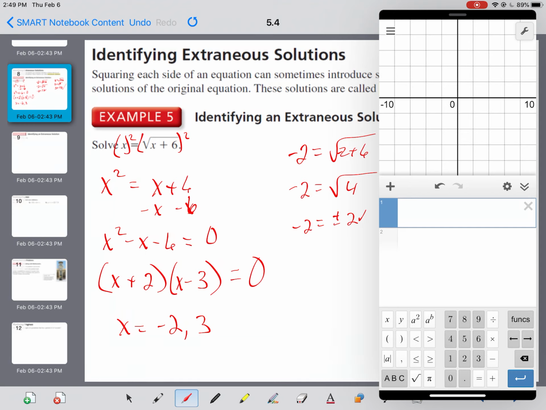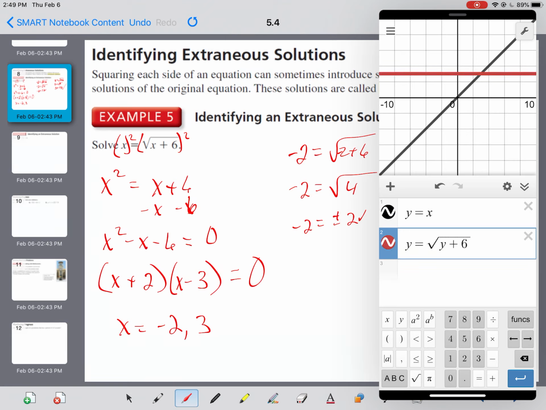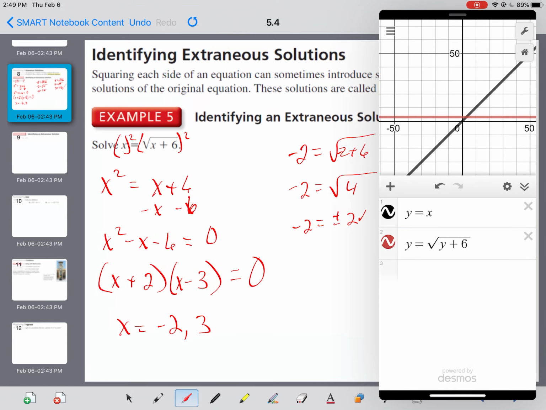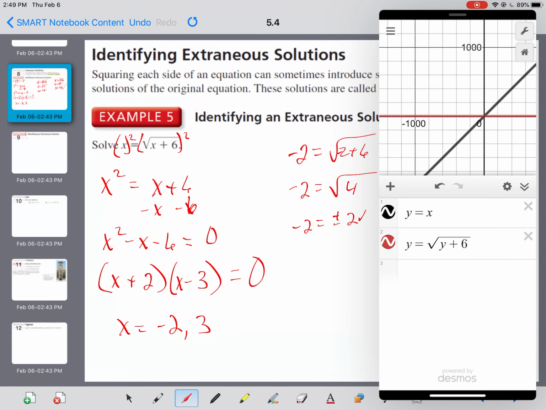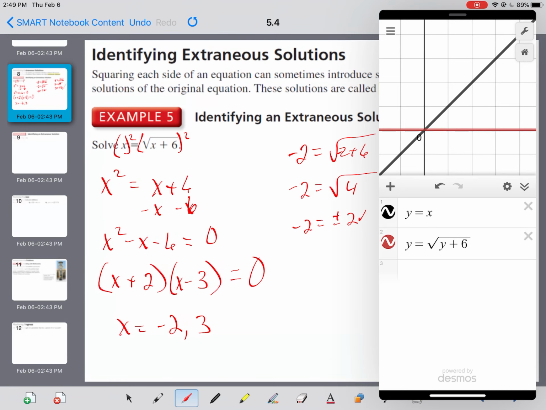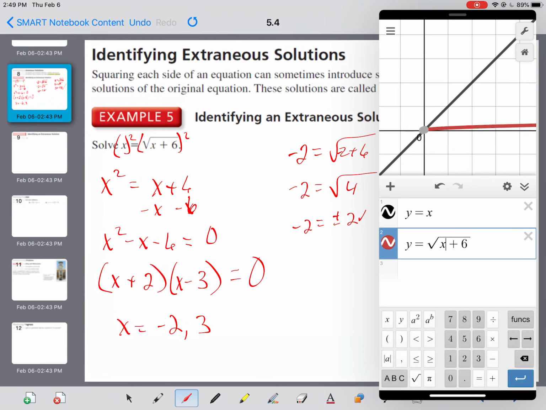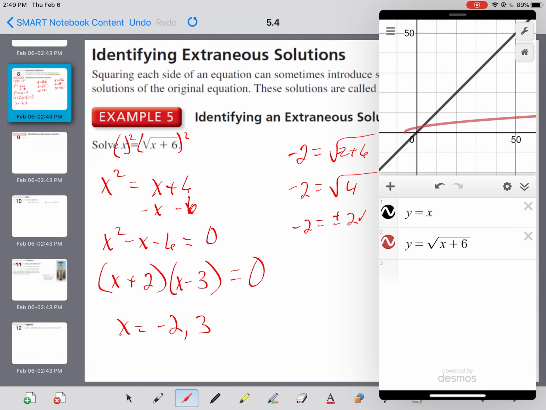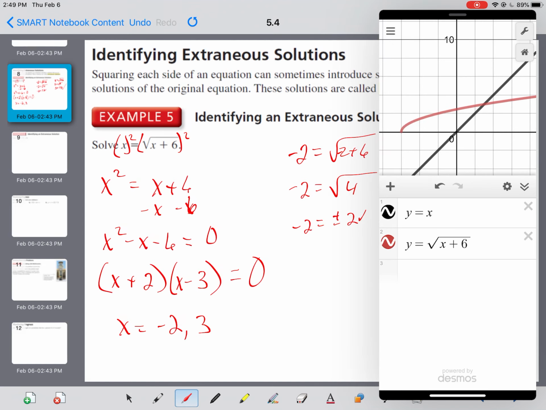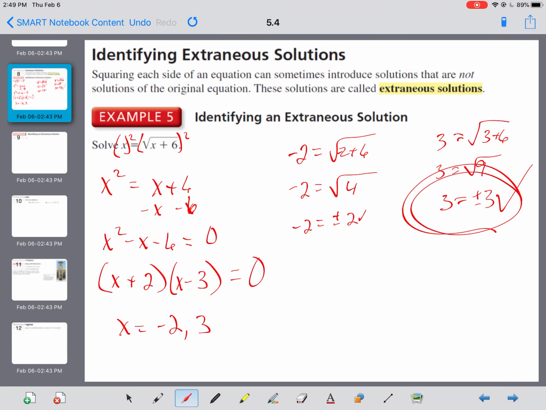Remember, we can do y equals x, the left side, and y equals the square root of x plus 6, the right side, and we can look at where they graph together, just this one.